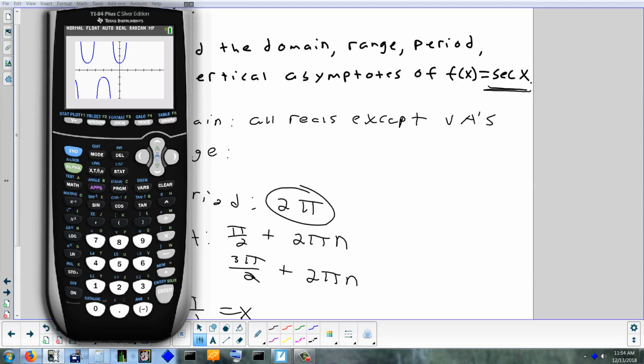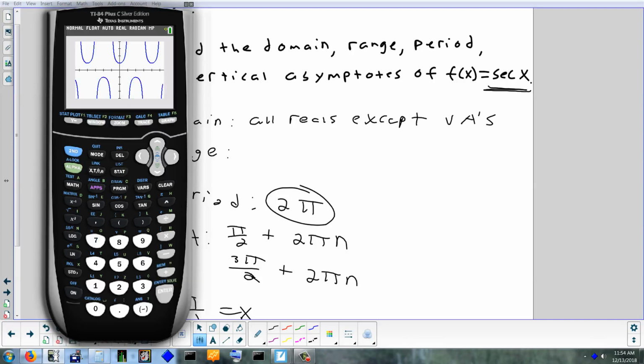Does it look like the graph of secant goes up forever? No. All right, let me go a little higher then. Let's set this at like -15 and 15. Yes. Yeah, it does go up forever. Does it look like it goes down forever? Yes. The question is, does it hit everything in the middle? No, there's a gap.